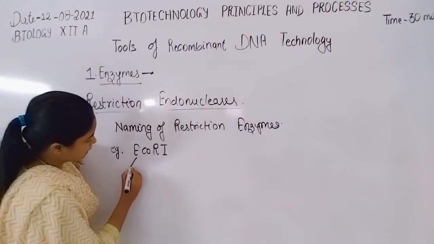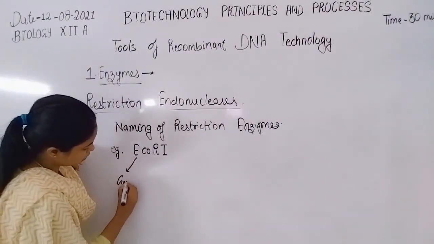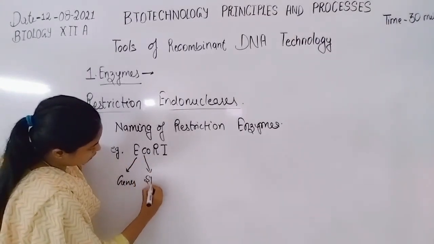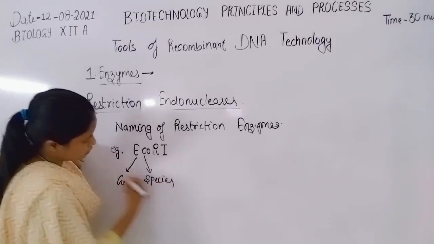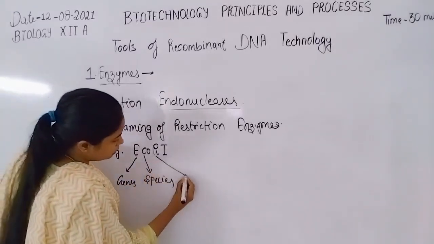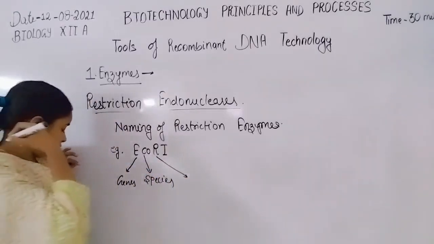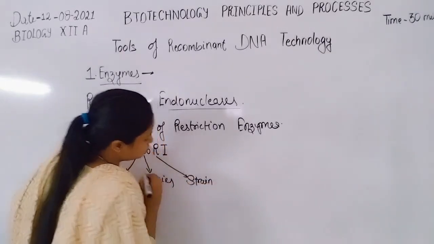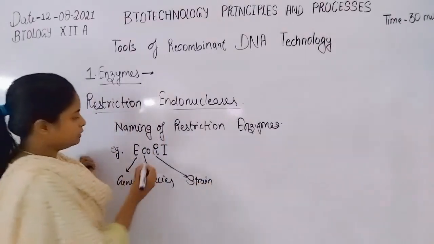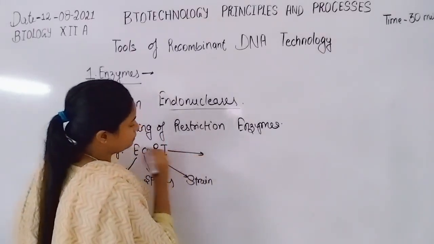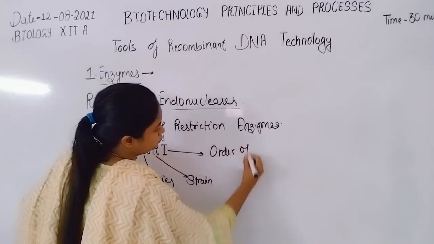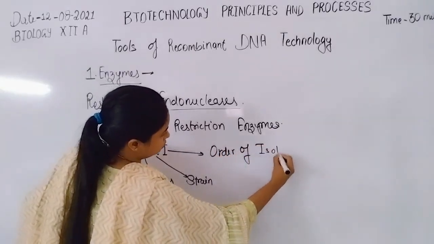E represents the genus, the first letters co represent the species, R represents the strain of bacteria, and I represents the order of isolation.